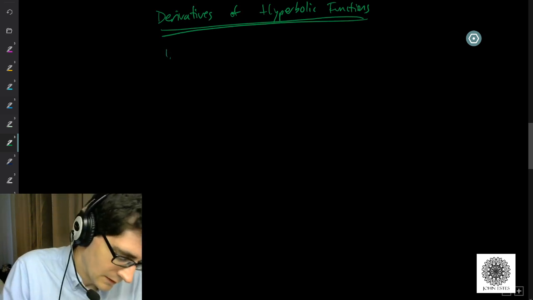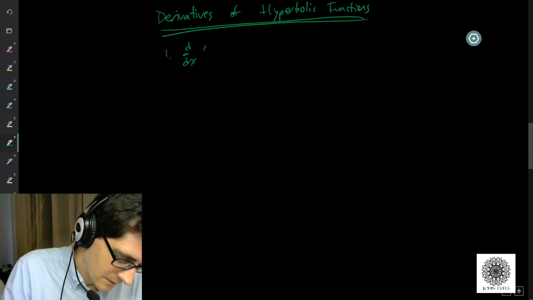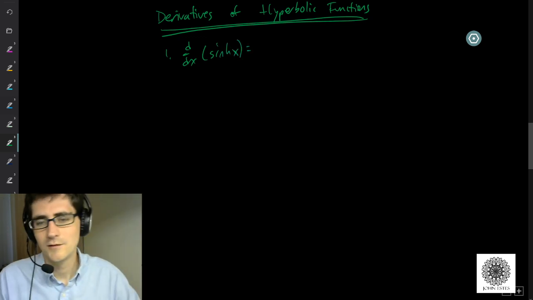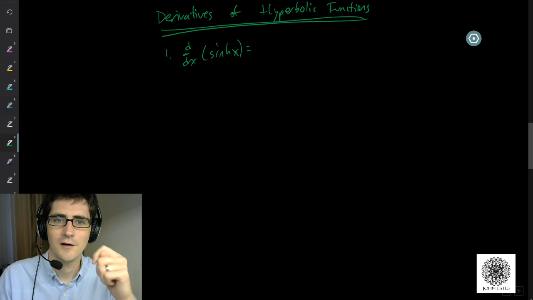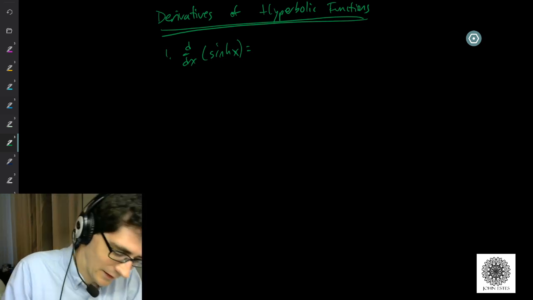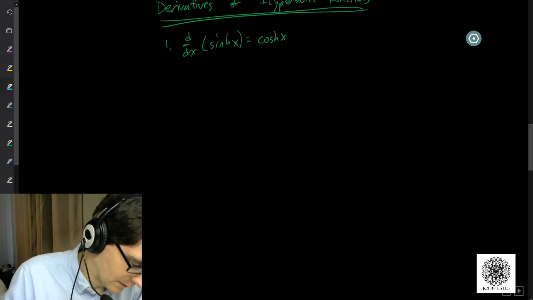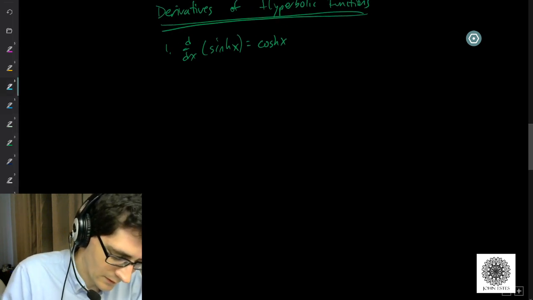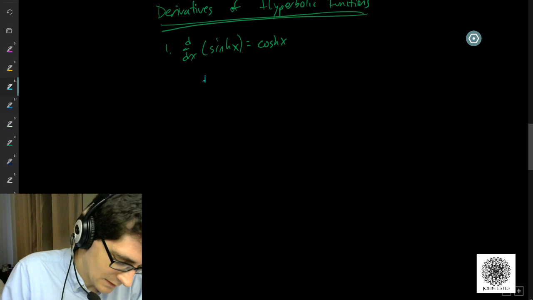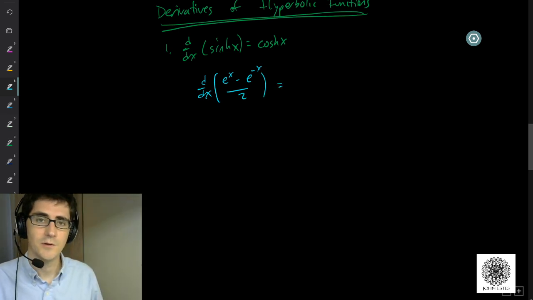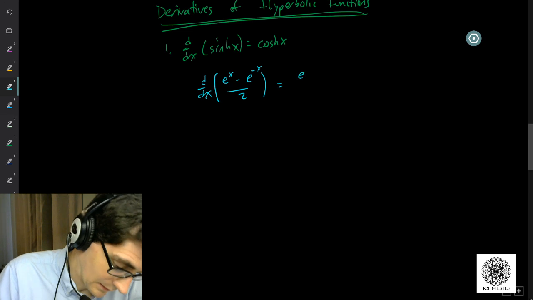All right, so one, if I take the derivative of sinh x, don't you hope that we get cosh x? And we actually do. I'm not going to prove all of these, but let's think about that one. Why would that work? Because remember, I'm taking the derivative of e to the x minus e to the negative x, over 2. When I take the derivative of e to the x, I get e to the x.